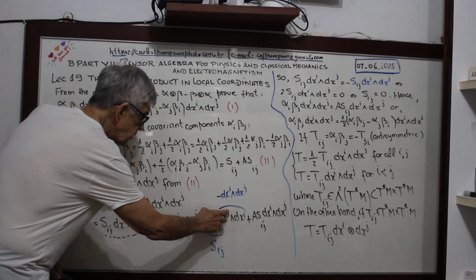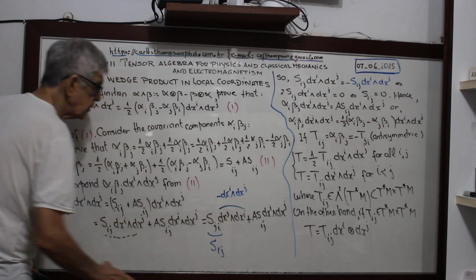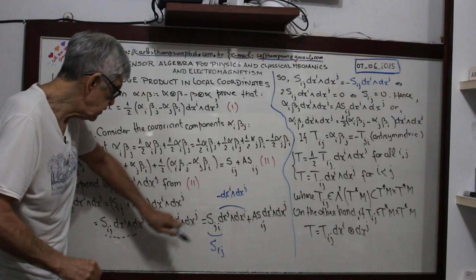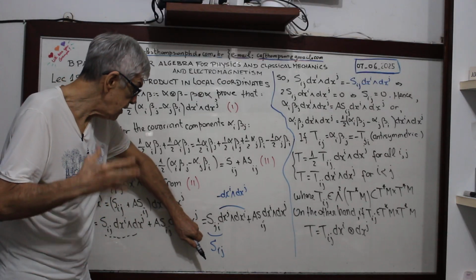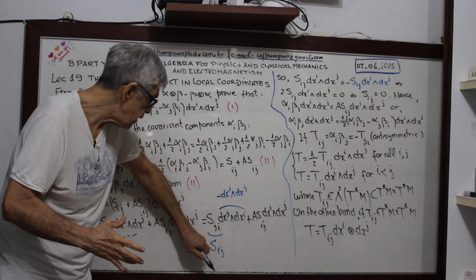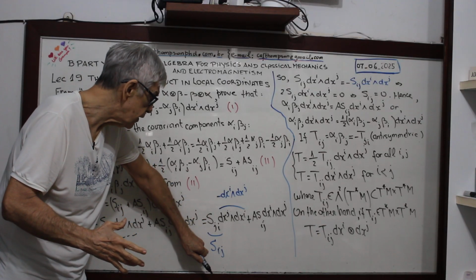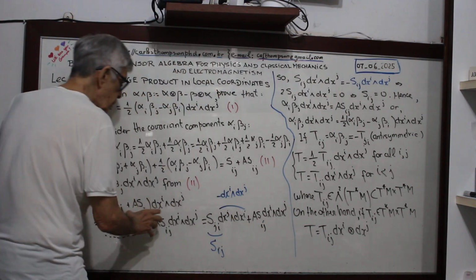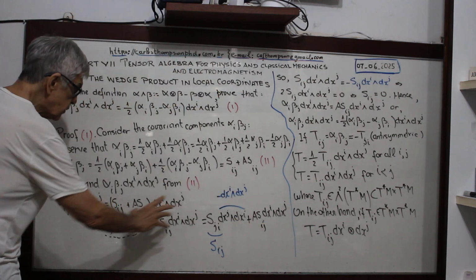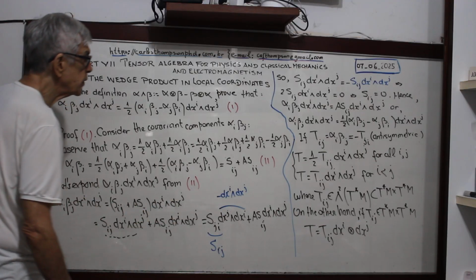Since S_ij is symmetric, S_ji equals S_ij. The other term remains the same; I just copy it from there. It's quite clear what I'm doing here.